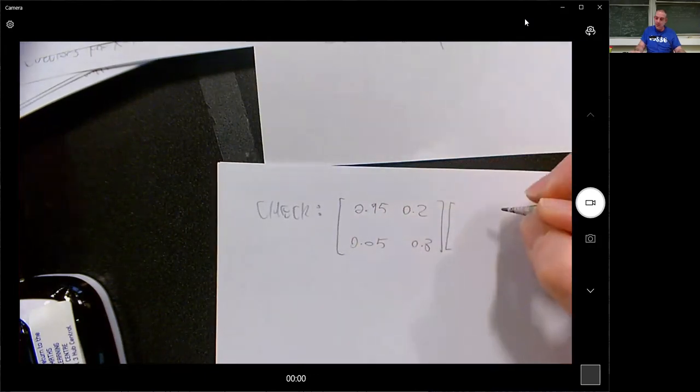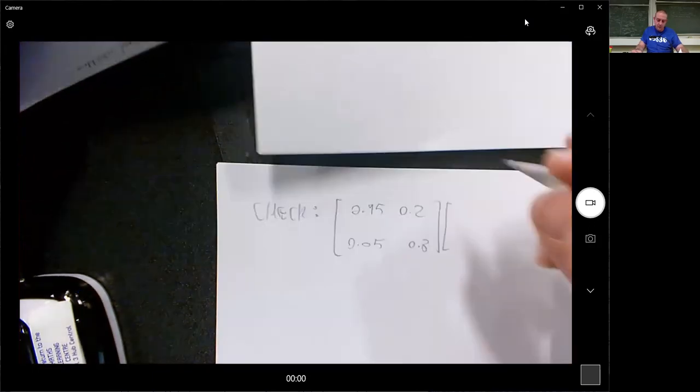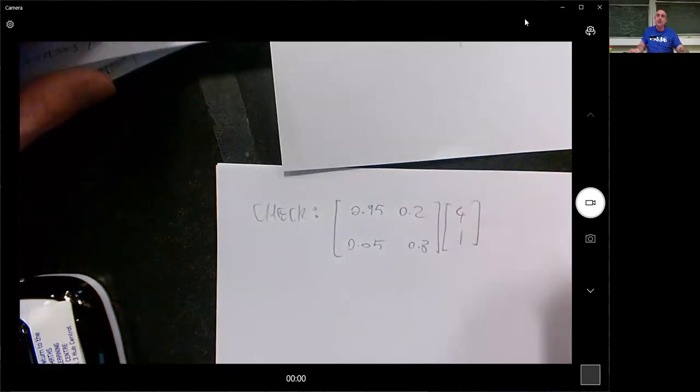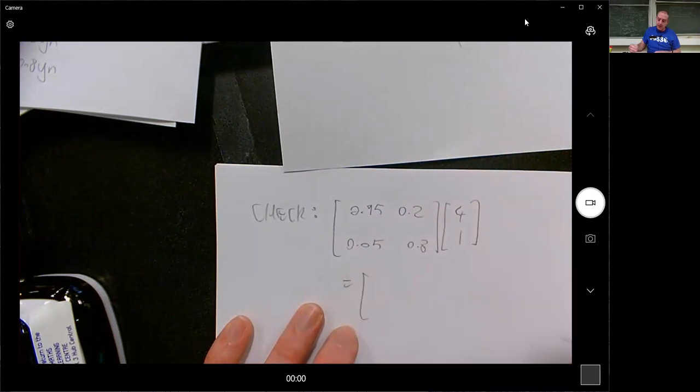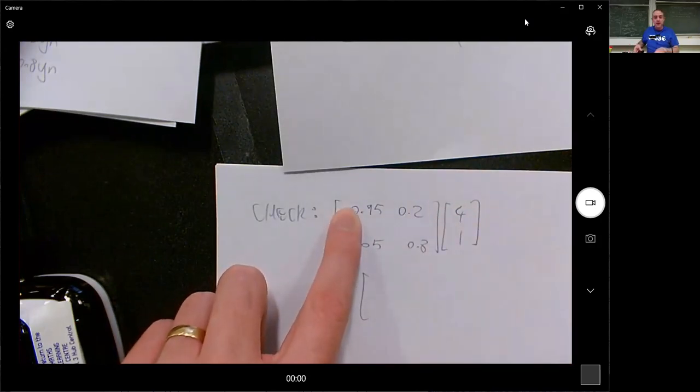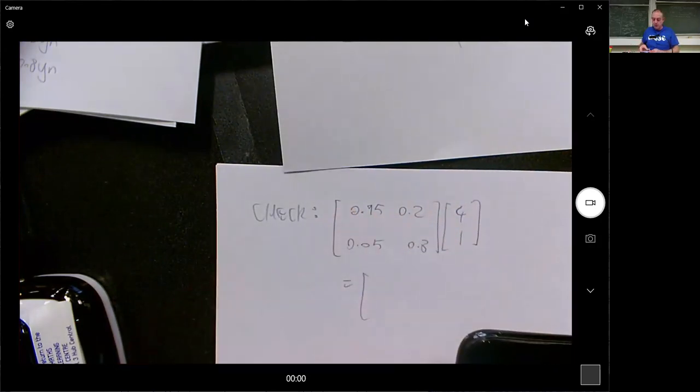When I multiply that by, was it 4, 1? Yep. I get 4 times 0.95 plus 0.2, which is indeed 4. Yep.